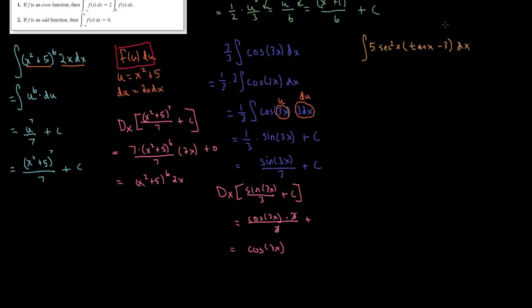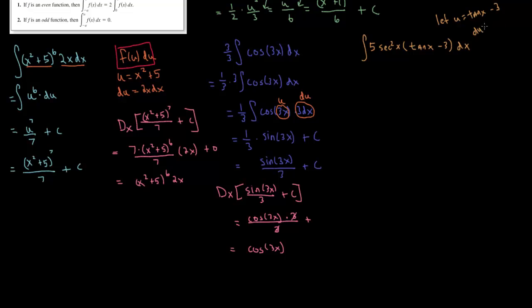And so let's let u equal tangent of x minus 3. Well, if that is u, then what do you think du might be?